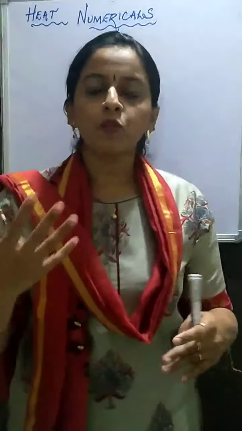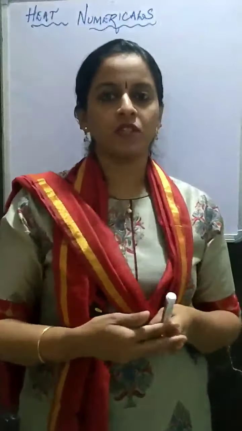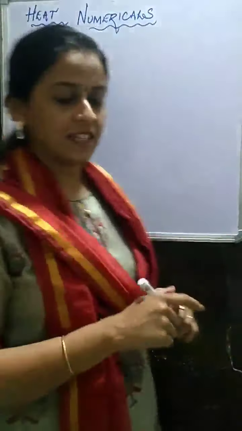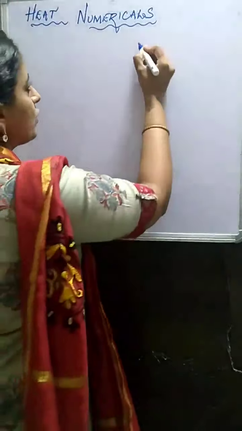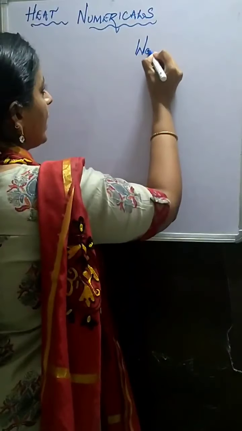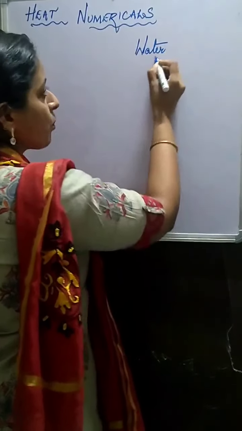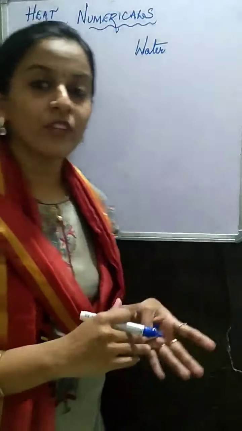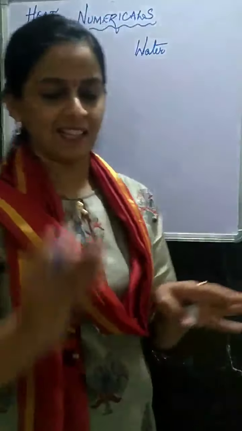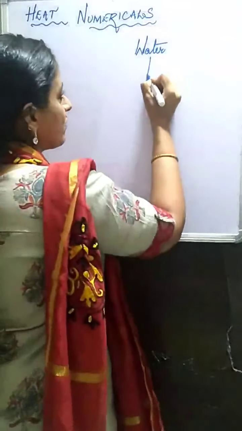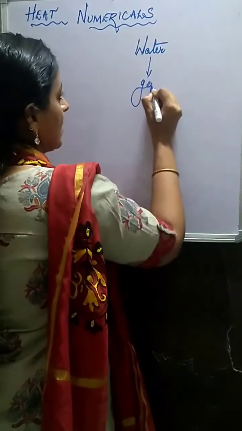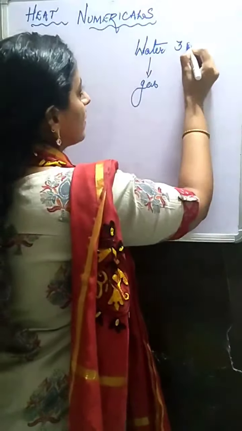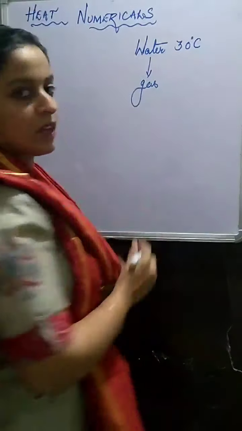Suppose you are providing heat to a substance or you are taking away heat from a substance. Let us consider water, and you are providing heat to this, that is you are heating it, so water will get converted into gas. Now here the water, let us consider it to be at 30 degrees Celsius.